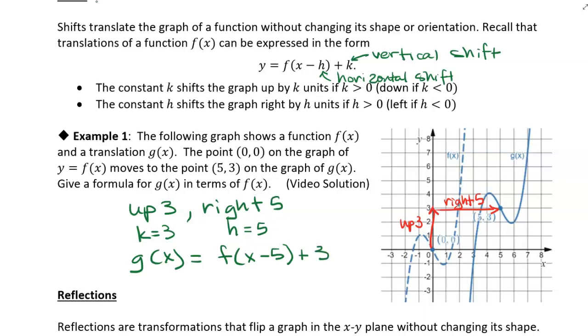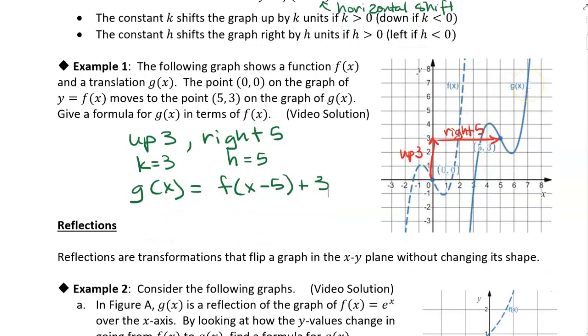It's a little counterintuitive. I like to think of it in terms of input and output. If you were to draw a sort of function diagram, here's our f of x.